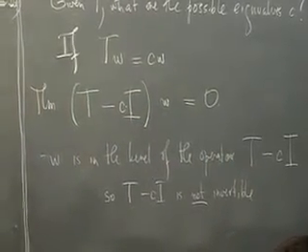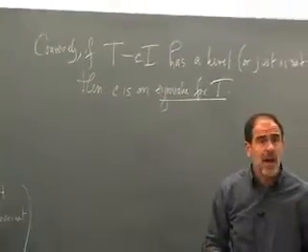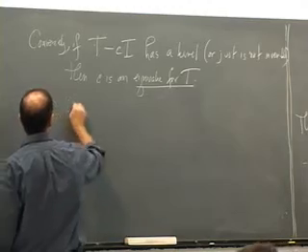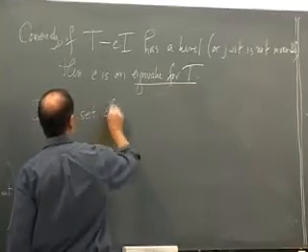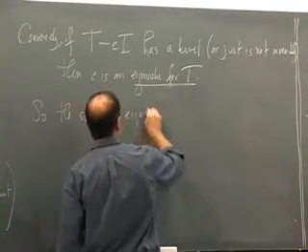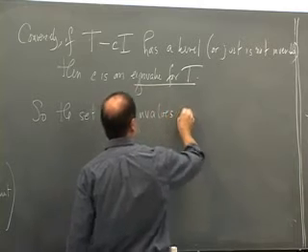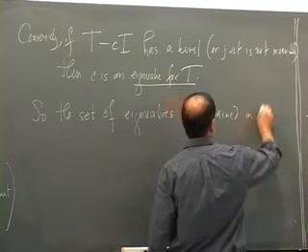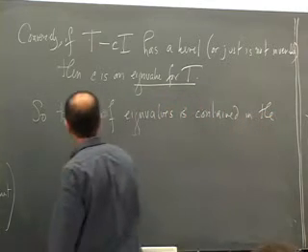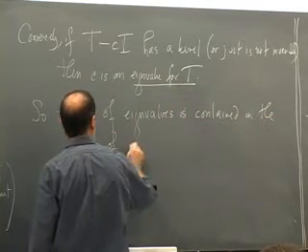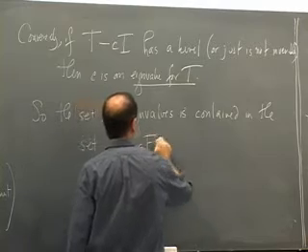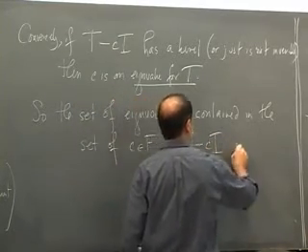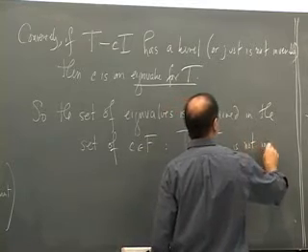So we just have to determine for which values C this operator has a kernel. So the set of eigenvalues is contained in the set of constants C in F such that T minus CI is not invertible.